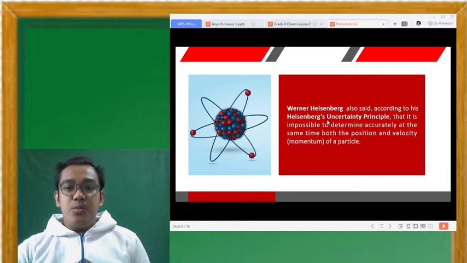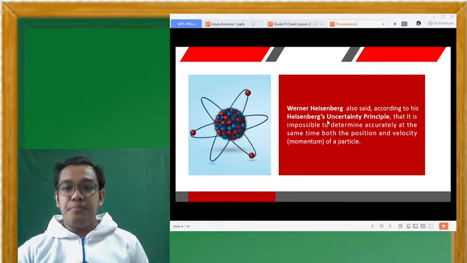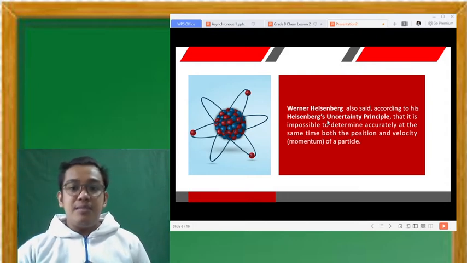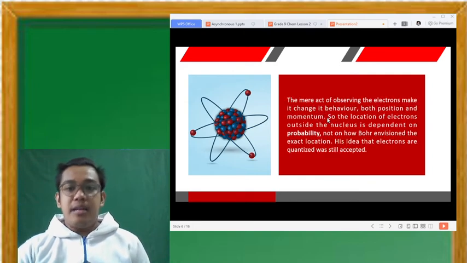The next one is Werner Heisenberg, who said according to his Heisenberg uncertainty principle that it is impossible to determine accurately at the same time both the position and velocity, or the momentum, of a particle.